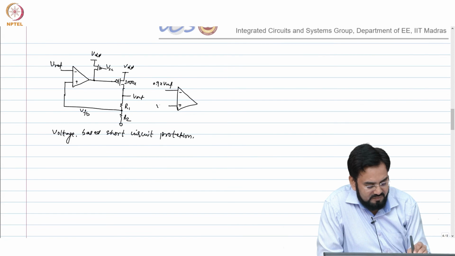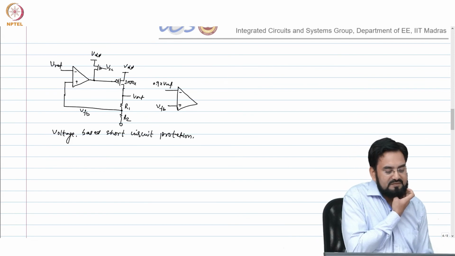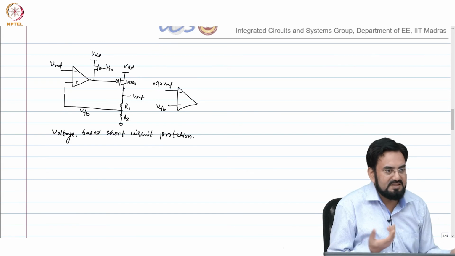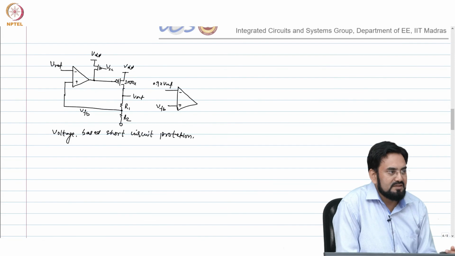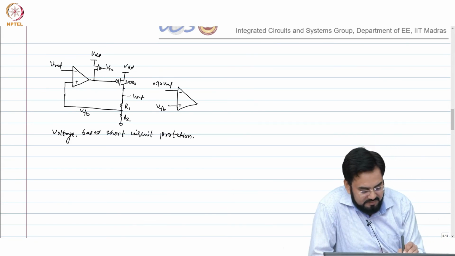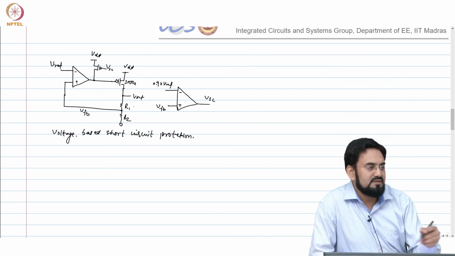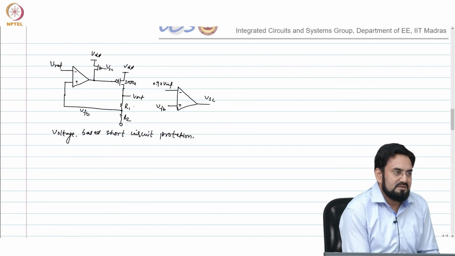And this is your VFB. So when VFB is higher than 90% of Vref, then you know it's in regulation. If you consider plus minus 10% on the supply, it will simply turn off when it goes below 90%.